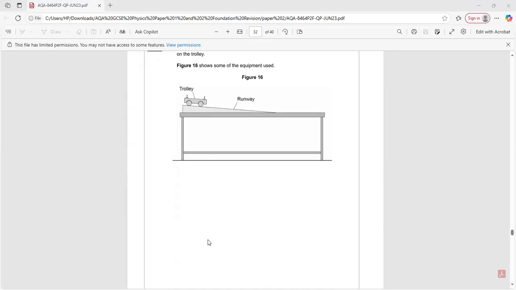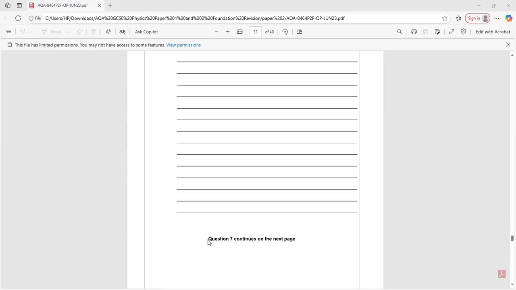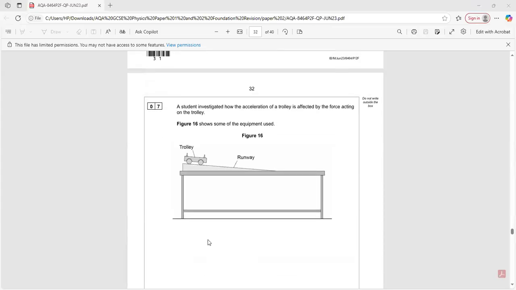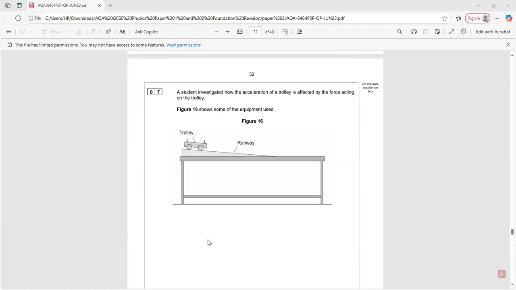I'll leave you to take this from the mark scheme because it has to do with the process. The student is investigating how acceleration of a trolley will be affected by the force acting on it. Imagine you're in a car that's moving downhill.